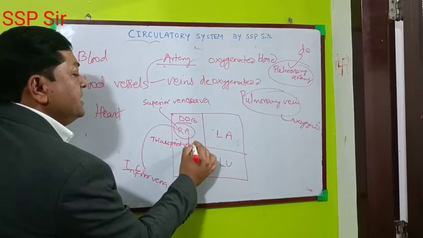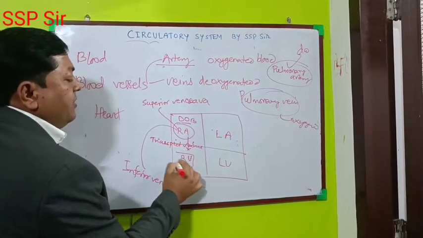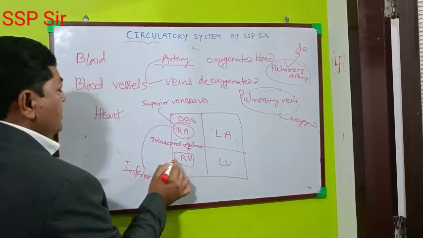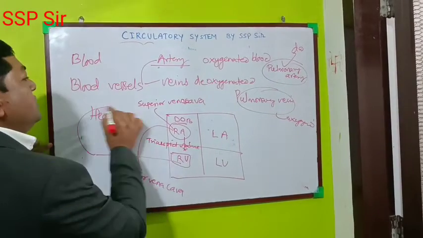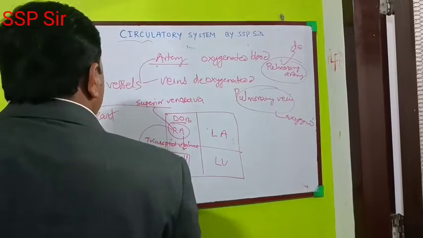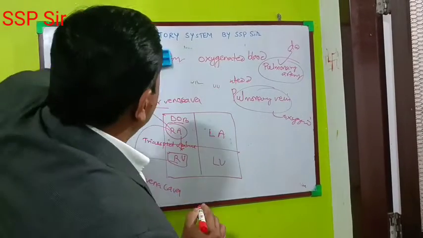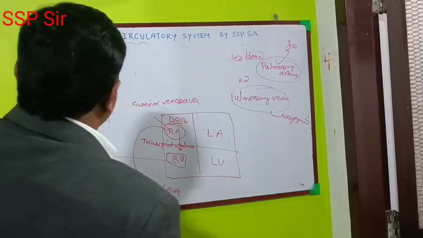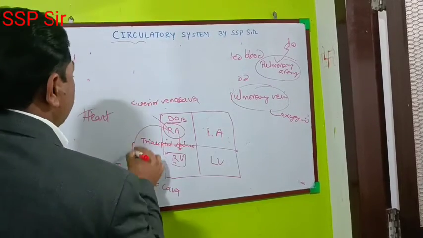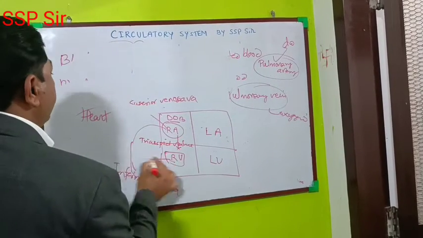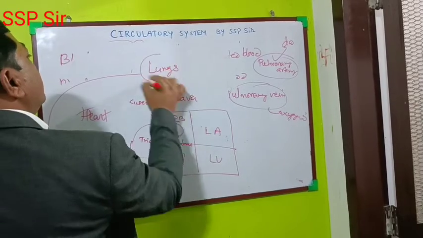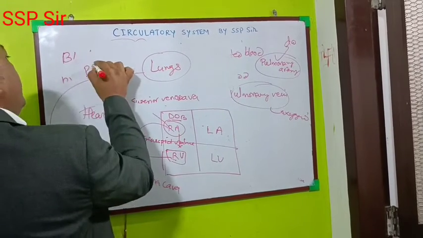From the right ventricle this blood goes to the lungs by the pulmonary artery.